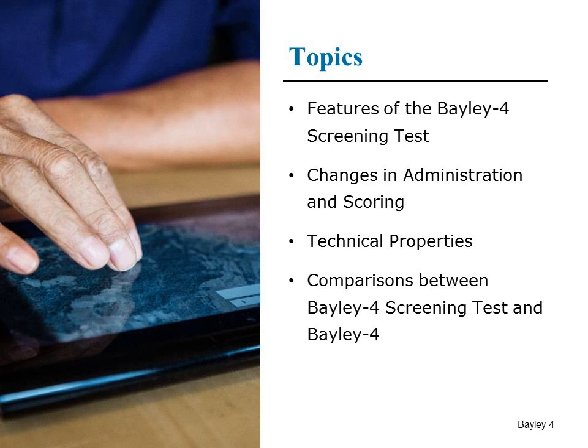When you're thinking about a screening test, it's especially important because effectively what we're trying to ascertain is the extent to which the screening test will allow us to identify individuals, in our case for the Bayley, young children who are in need of a comprehensive diagnostic evaluation. So we'll spend a few minutes toward the end talking about the technical properties. And then we'll conclude by looking at the comparisons between the Bayley-4 screening test and the Bayley-4.